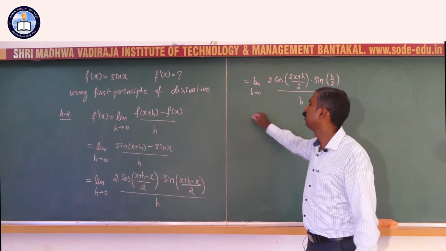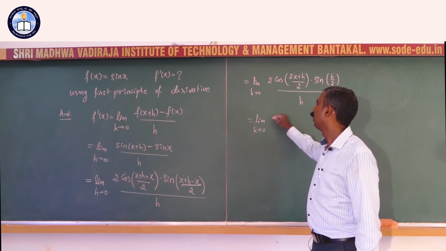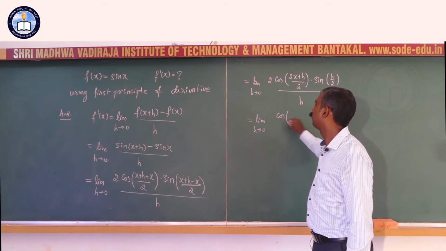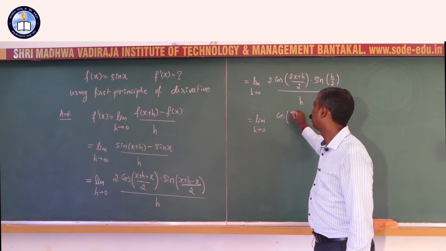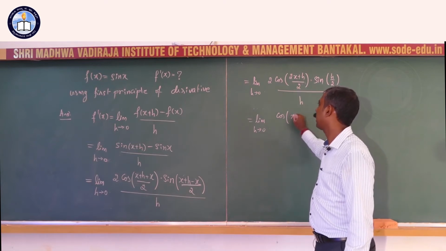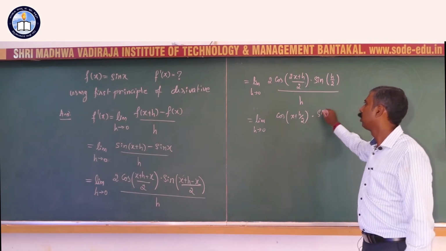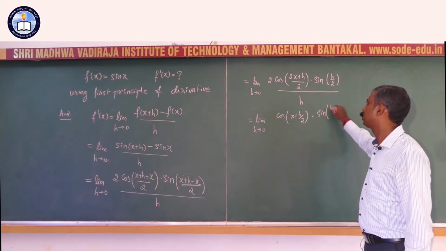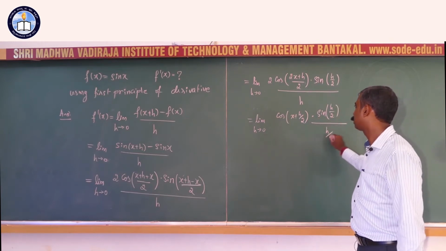Observe that this limit h tends to 0 can be written as cos of 2x plus h by 2, that is 2x by 2, so x plus h divided by 2, into sin h divided by 2, whole thing divided by h by 2.